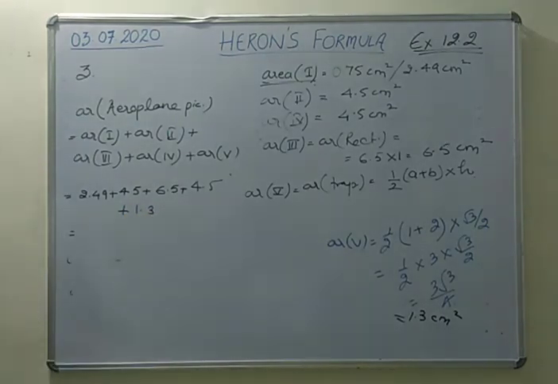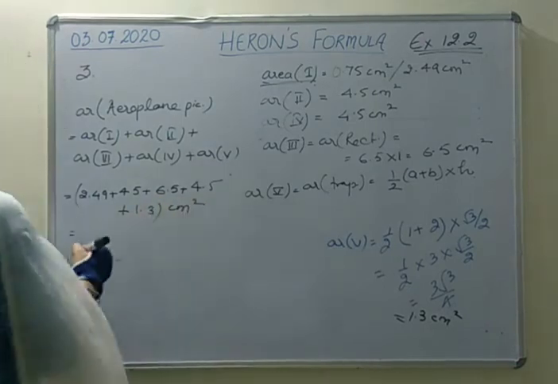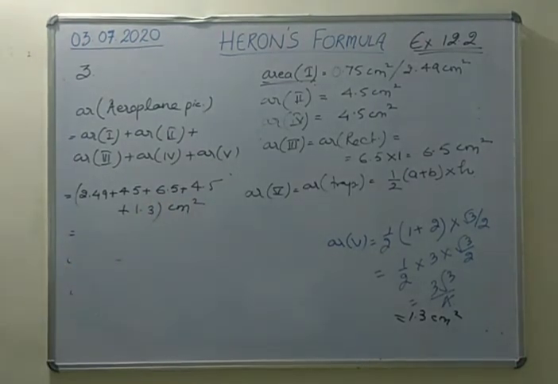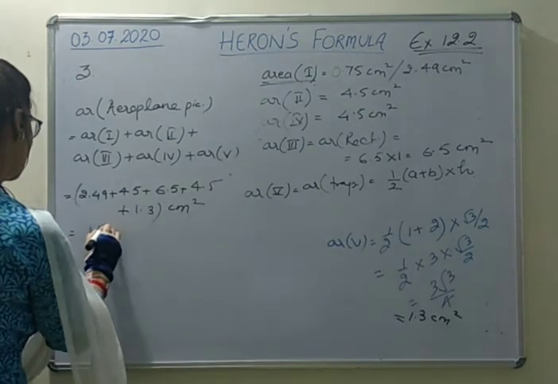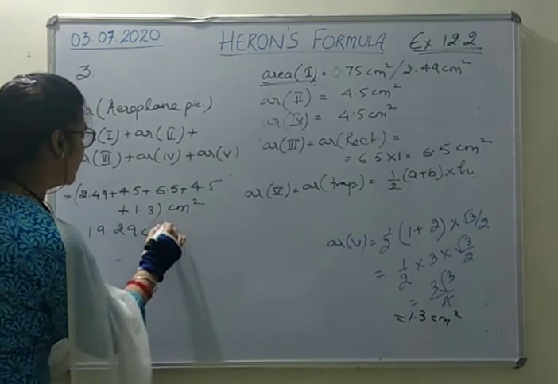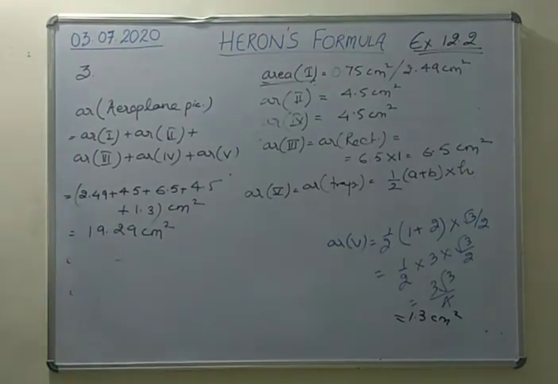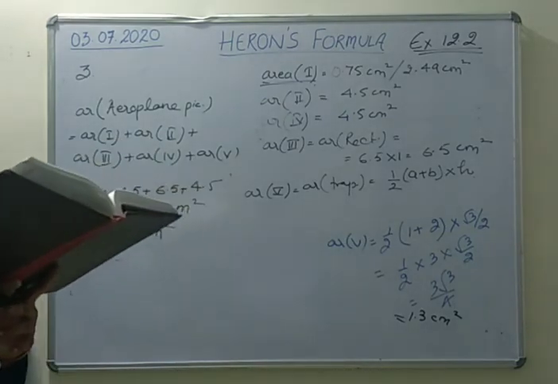So what is the total? The total area of the paper used will be 19.29 सेंटीमीटर स्क्वायर. क्या था हमारे पास, we made a picture of an aeroplane with colored paper.